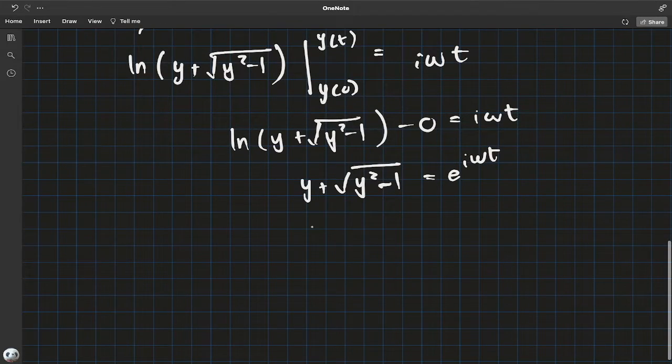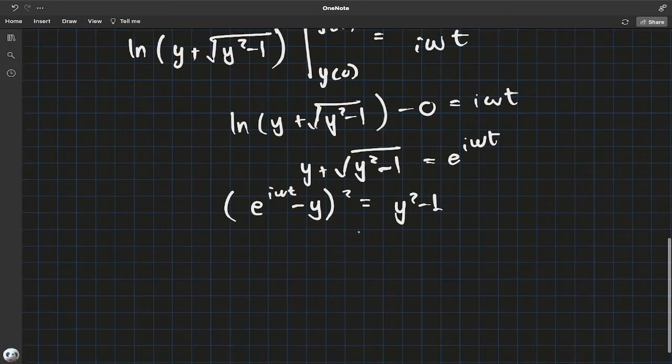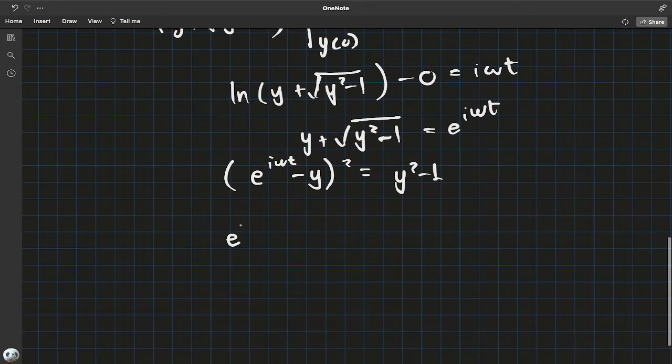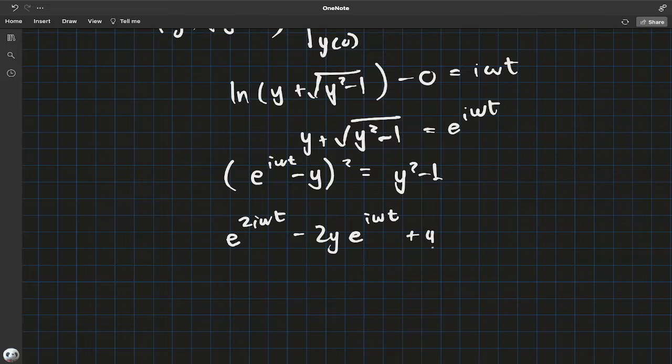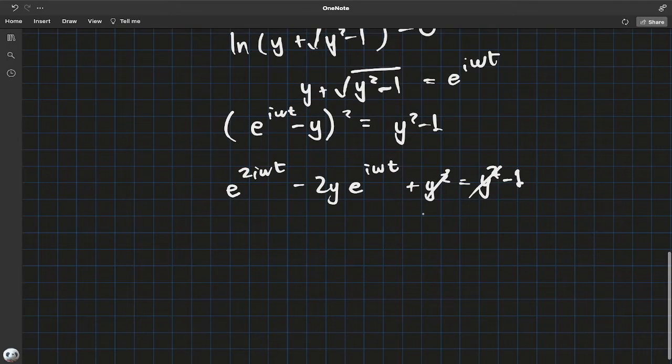And now we have to get rid of the radical, so just isolate the radical and square both sides. E to the i omega t minus y, quantity squared, equals y squared minus 1, and we have e to the 2i omega t minus 2y e to the i omega t plus y squared equals y squared minus 1. y squared drops out, and you just isolate the y because you have to solve for the y, and you get e to the i omega t.